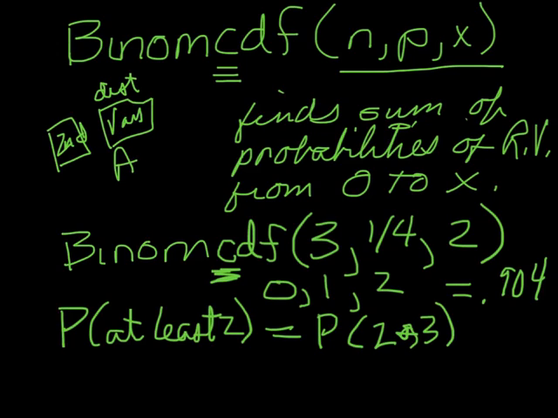And so one way to do that, instead of finding exactly 2 and exactly 3 and adding them together, is to do 1 minus the binomial CDF of 3, 1/4, 1.